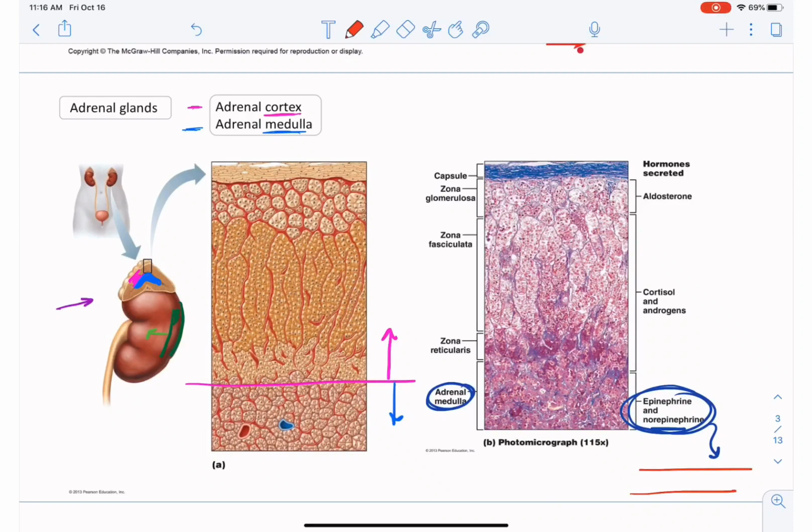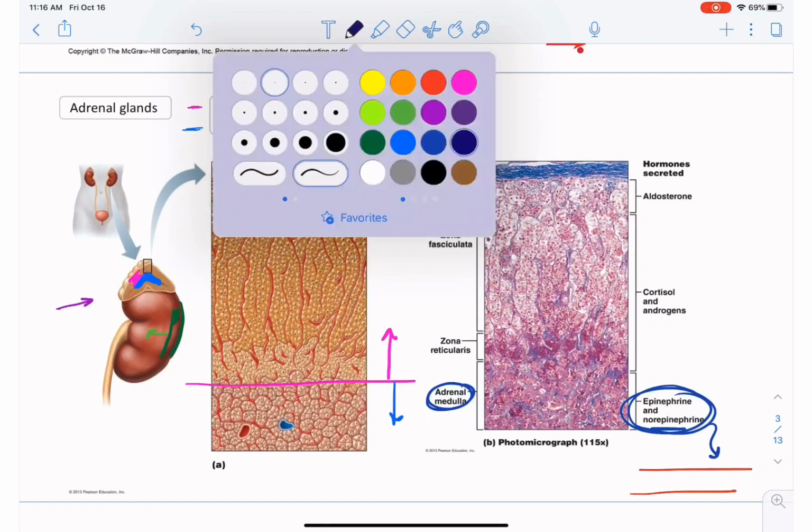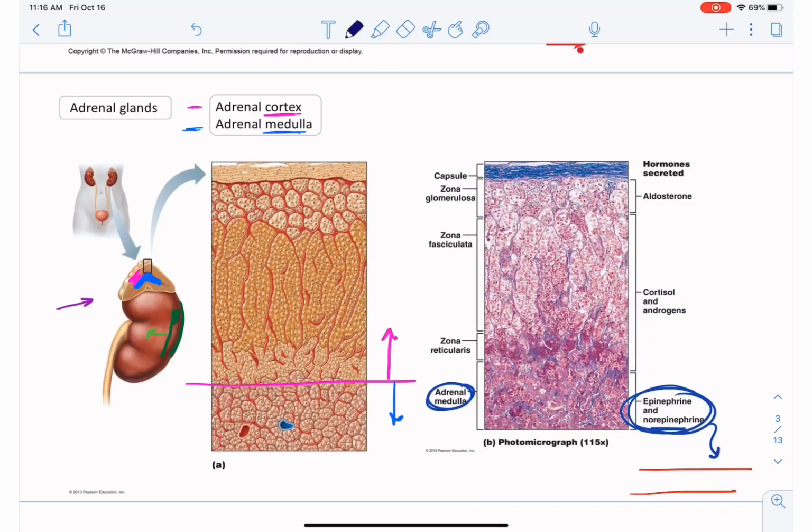They're considered endocrine-like. Now, the adrenal medulla is going to be under the control of the nervous system, and specifically the sympathetic nervous system. So during the fight or flight response, sympathetic neurons are going to travel down to the adrenal medulla, and they're going to stimulate the release of epinephrine and norepinephrine into the blood.